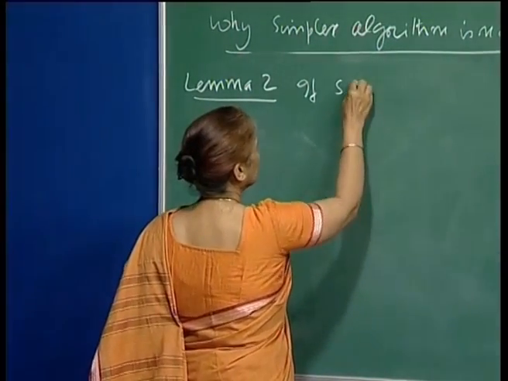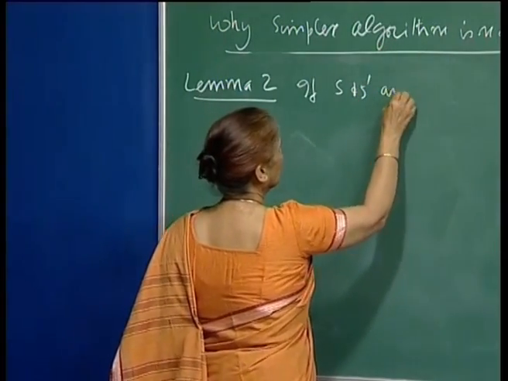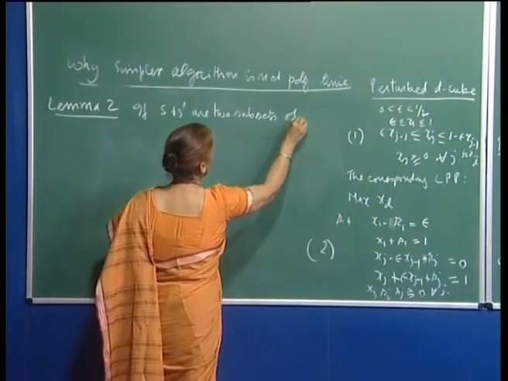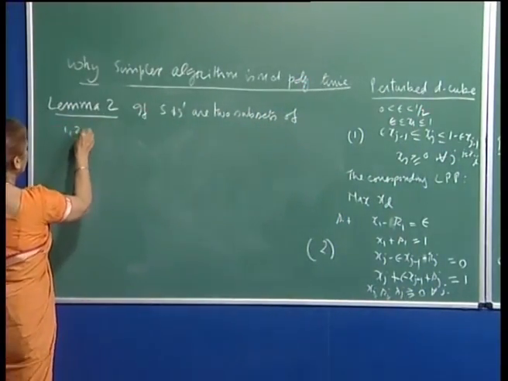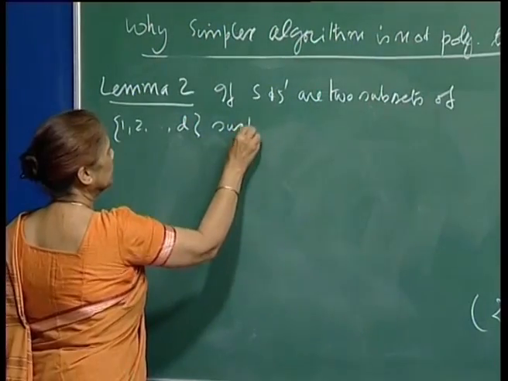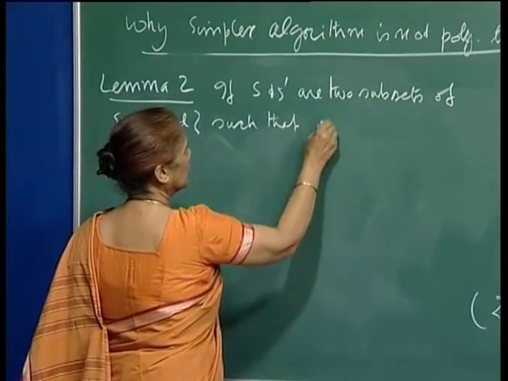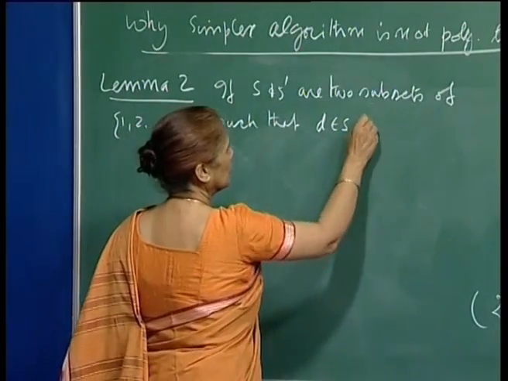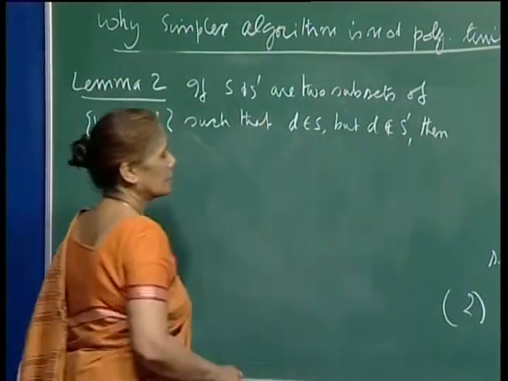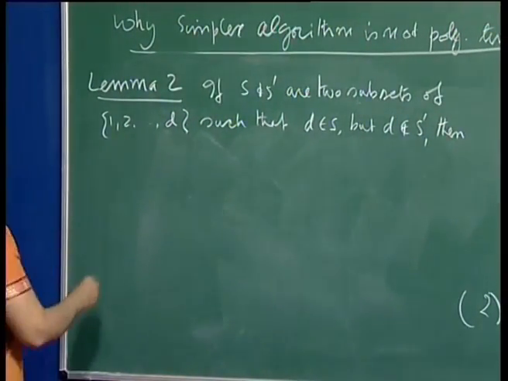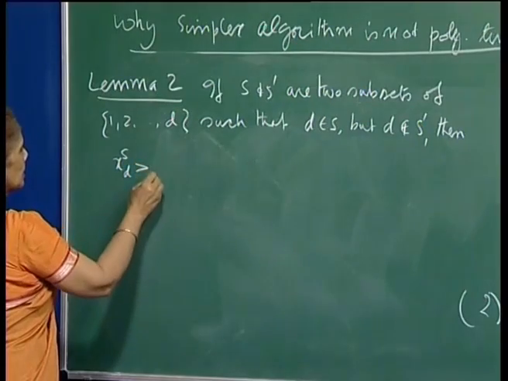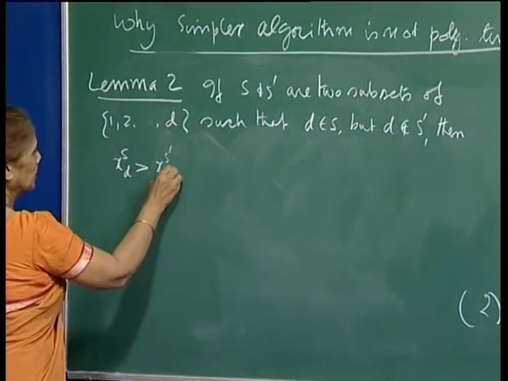If S and S prime are two subsets of the set 1 to d, such that d belongs to S but d does not belong to S prime, then, and I should have given the definitions earlier, we will say that x S d is greater than x S prime d.